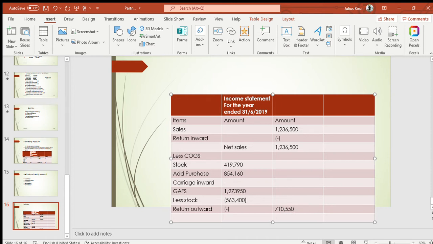Now remember, this is cost of goods sold, and we said you less. So what do you get after lessing? So you say net sales, which is 1,236,500 minus 710,550. What do you get?